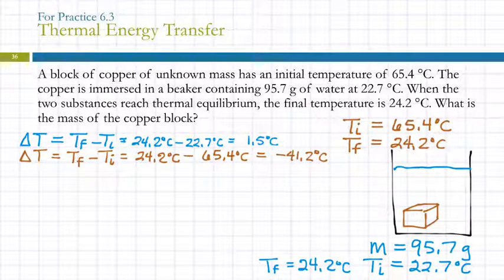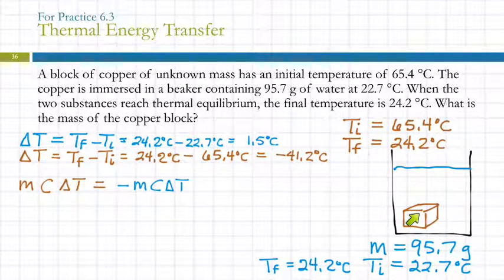Okay, well, what we can say here is that the mass of the copper block times the specific heat capacity of the copper times the change in temperature for the copper has to equal negative mc delta T for the water.